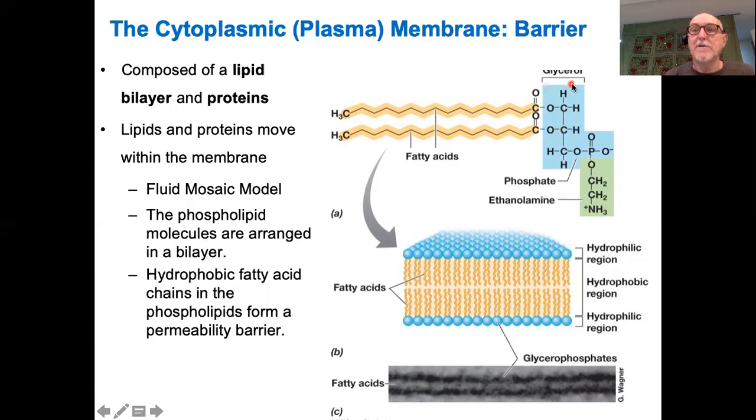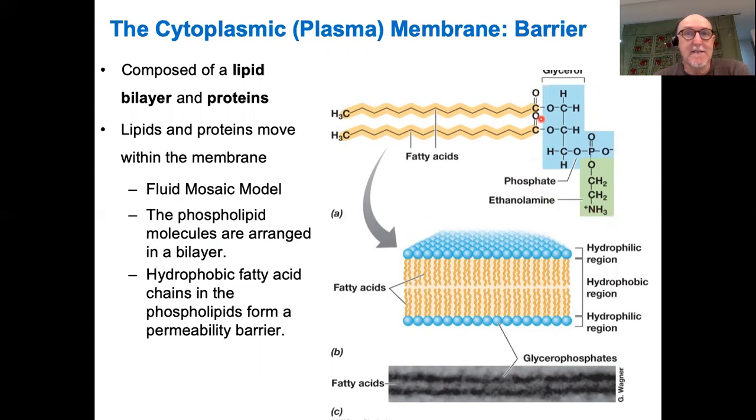The head is composed of glycerol, and it also has attached to it a phosphate group and another amine group, which we don't need to worry about. All I need you to remember is that this fatty acid chain here is highly hydrophobic, but the head here, especially the glycerol and the phosphate, are very, very hydrophilic. They dissolve in water very, very easily.